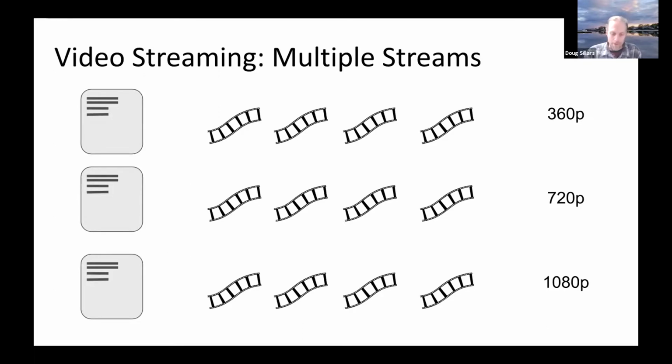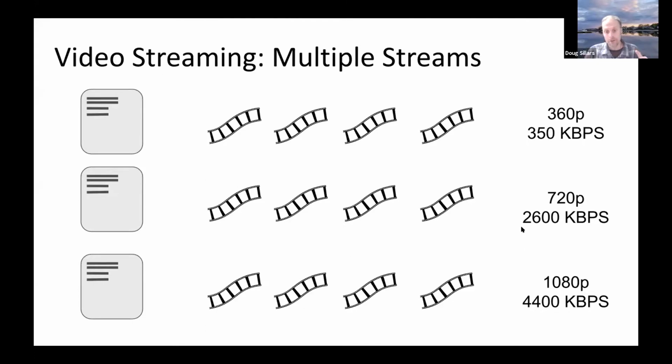So now you have different manifest files, one for each size. And that's great because they're different sizes, the size of the video makes a difference in how big the video is and the bit rate of the video. So 1080p might be 4 megabits per second, 720p might be 2.5 megabits per second.